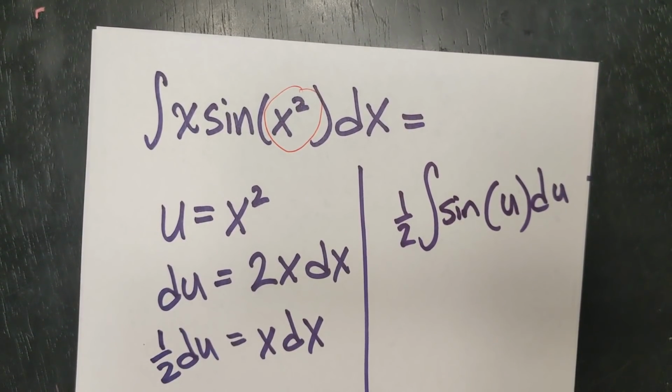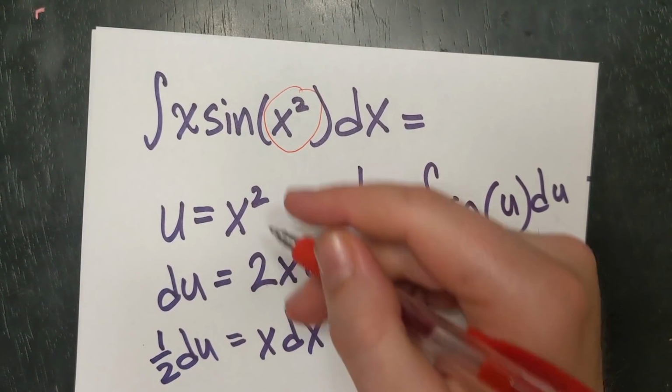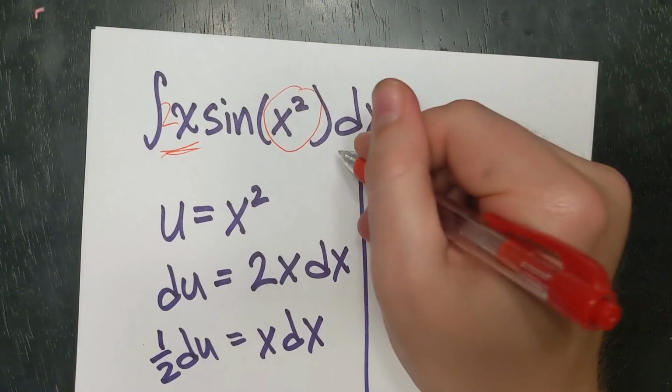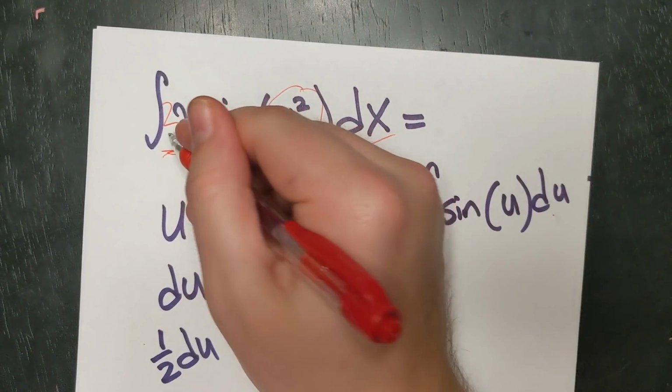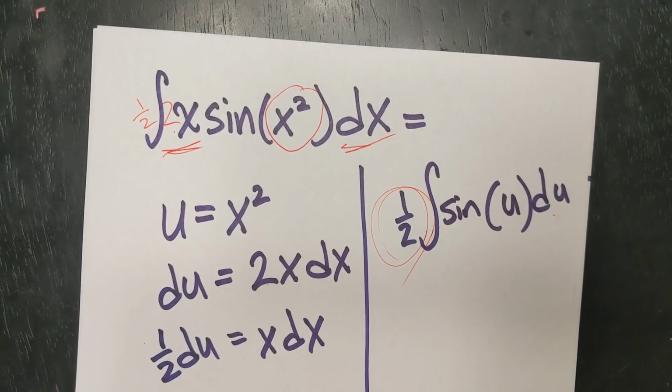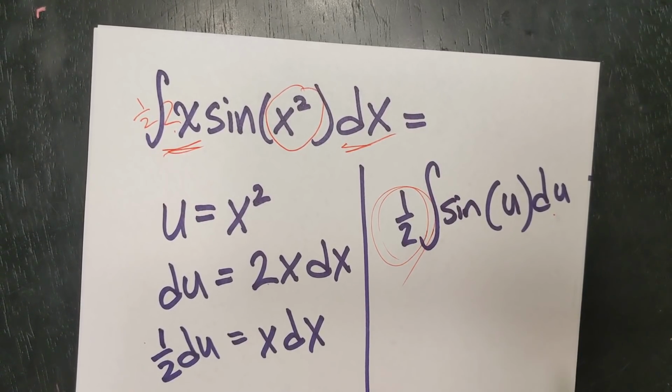Or another way to think about it is, I really need there to be a 2 in front of this x before I can change this 2x dx into du. But I can only put a 2 there if I put a half there. And that's why I end up with a half right here. Either story explains why there's a half.